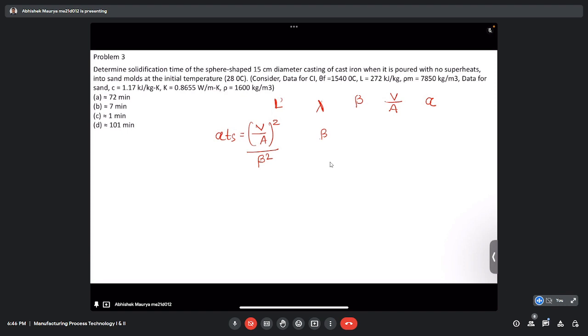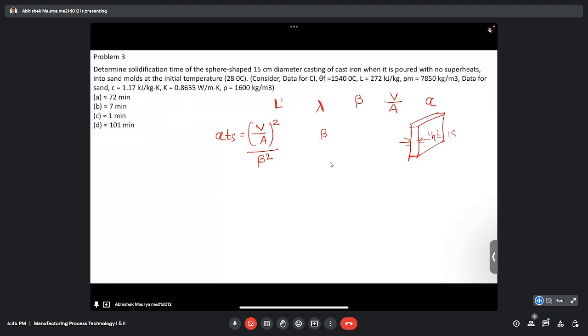Earlier, we had a slab like this. It has some thickness, which we denoted by h. That was 15 earlier.